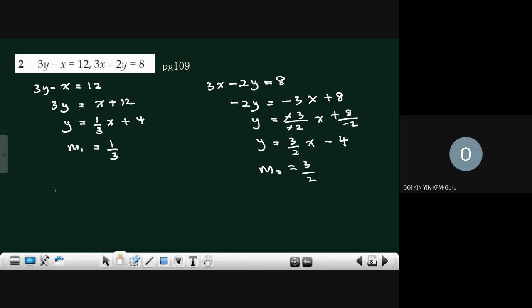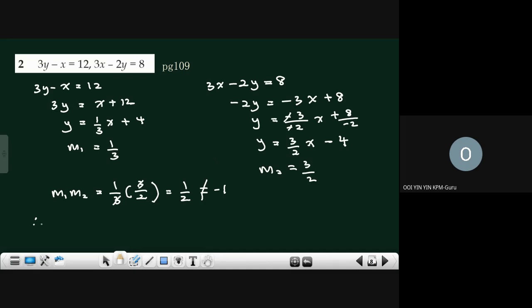Now we multiply m1 and m2 and see whether we get negative 1 or not. It's 1 over 3 multiplied by 3 over 2. The 3 can cancel off, and your final answer is 1 over 2, which is not equal to negative 1.